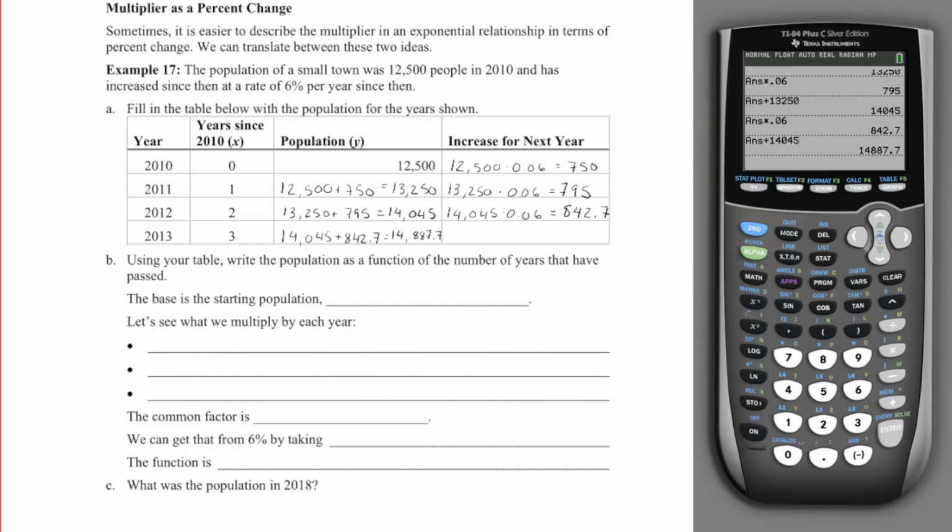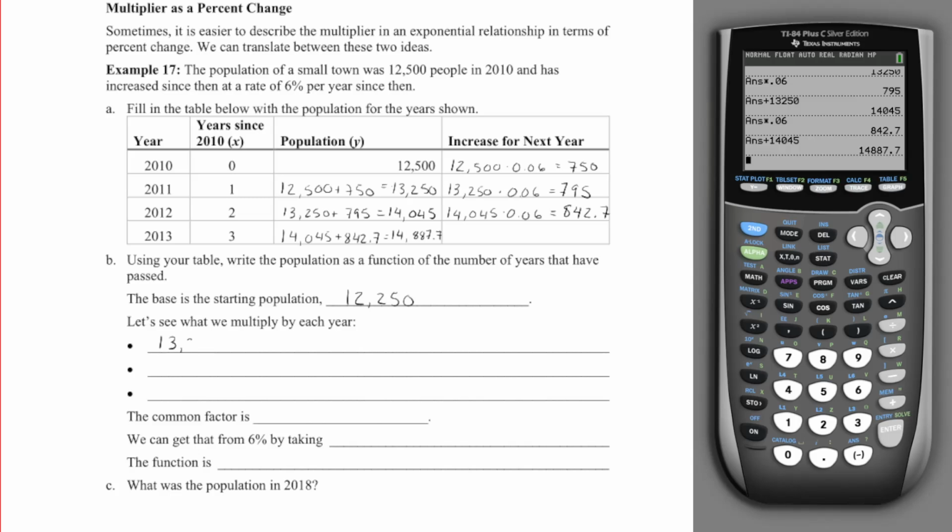So let's see if this really works as an exponential function. Right? Certainly we can see the starting population, which is the value of y when x is 0. That's this 12,500. Now let's see what we multiply by each year. To see what we multiply by, we'll divide.